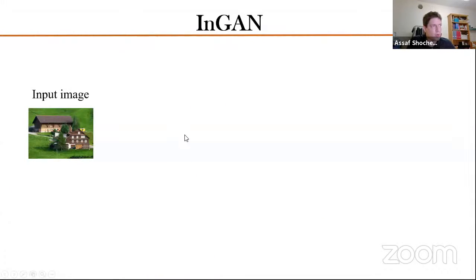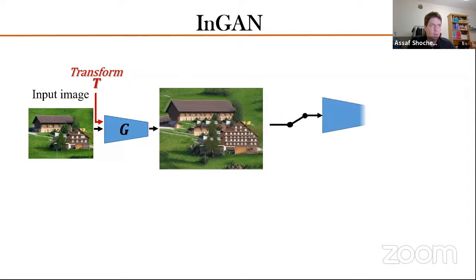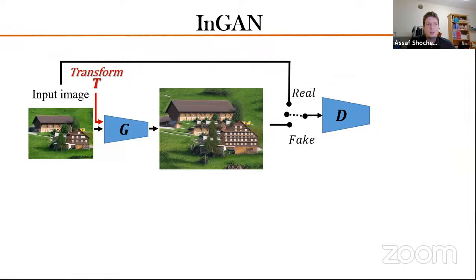So this is how it works. We have this input image, and we have a transformation that we want to apply to it. We want to change the image. We feed them both into a generator, which hopefully creates the transformed, retargeted image. And to make sure that it does, we feed it into a discriminator. Now, this is a patch discriminator. It's fully convolutional, and it produces a map rather than just a scalar.